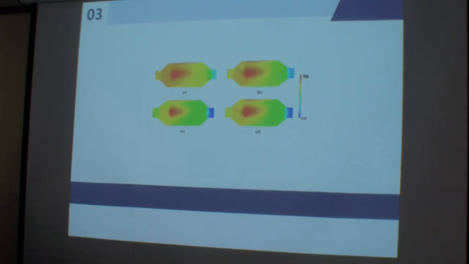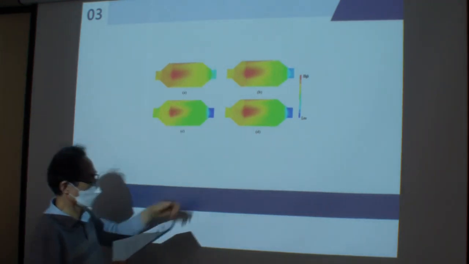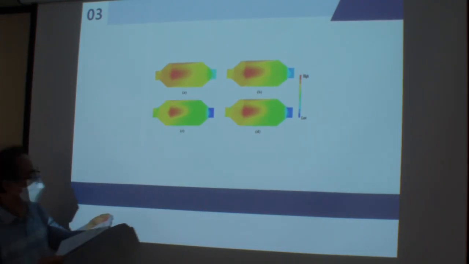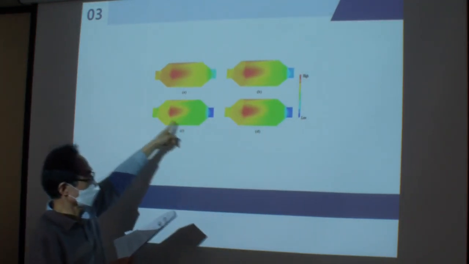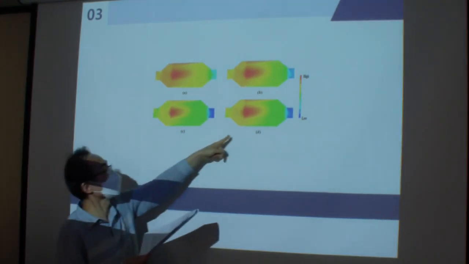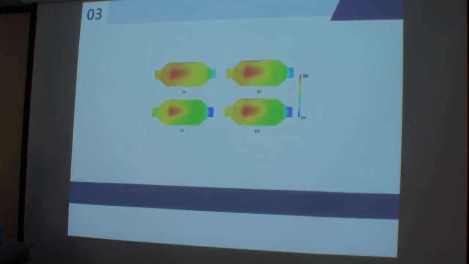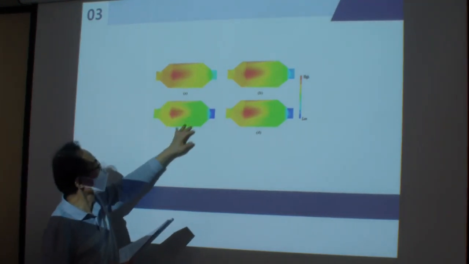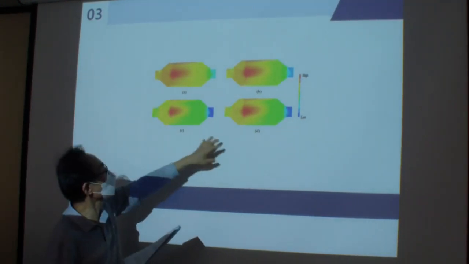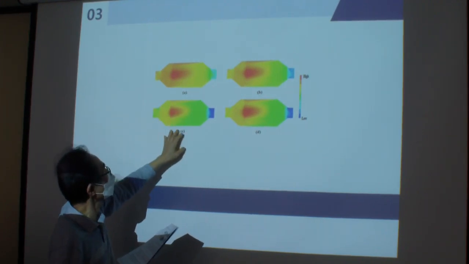This figure shows the pressure contour for the DPF with 300 millimeter length. The first one, A, is 45% porosity, B is 60% porosity, then 75%, and 90% porosity. The inside of the DPF is not clear, but look at it this way.